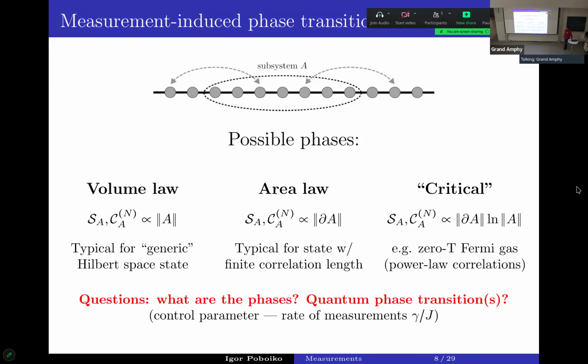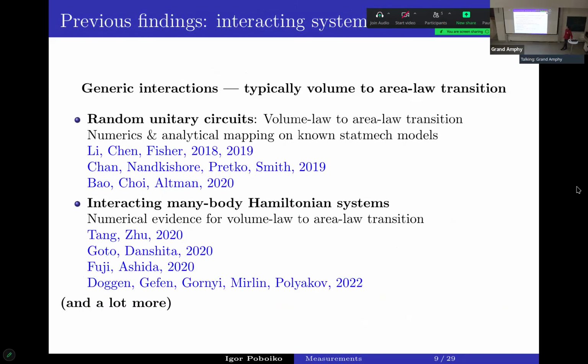Okay. Now, some history very quickly. It's more or less well established, by means of mapping onto some classical stochastic problems, or by numerics that people did in different systems, that in generic, in a sense, random unitary systems, unitary circuits for example, or interacting many-body systems, there exists a transition from a phase with volume law entanglement to the area law entanglement.